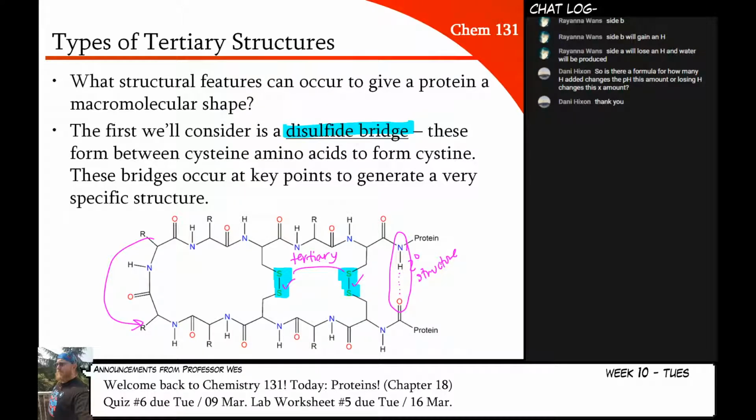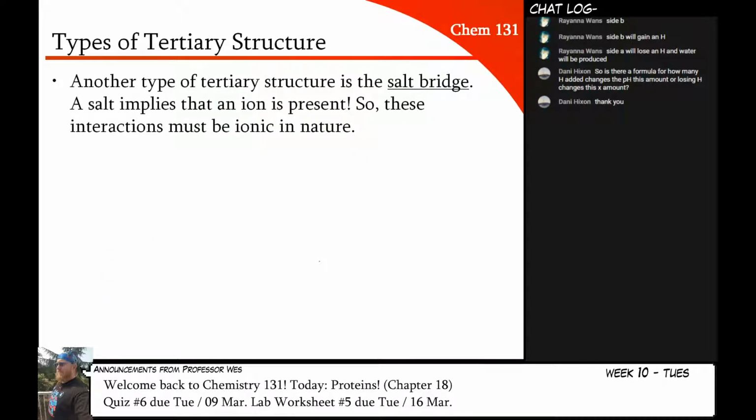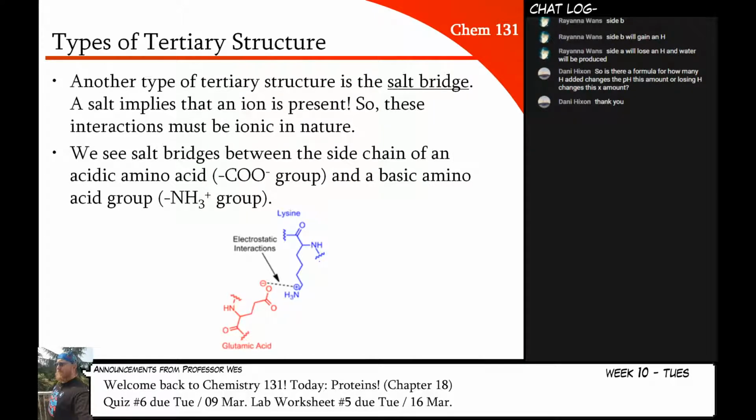The next ones are not as obvious because they involve specific R groups to be present. So, for example, if I have an R group that has a charge on it, and I allow that to get next to another R group that has a different charge on it, I can create an ionic interaction, and this is called a salt bridge.